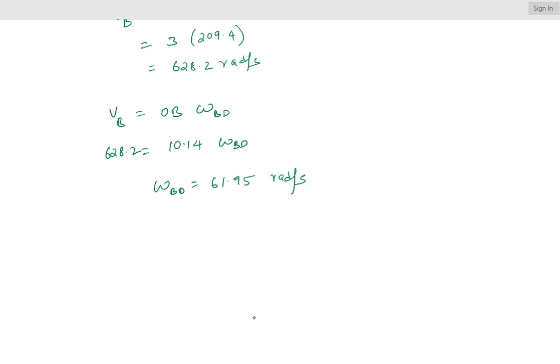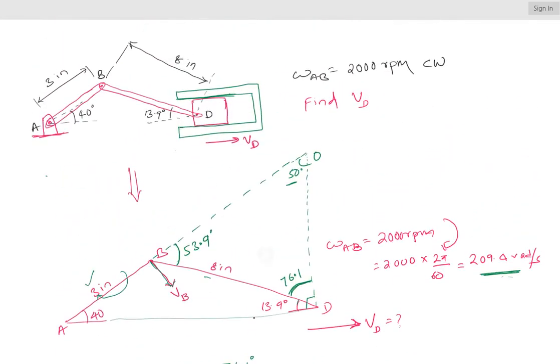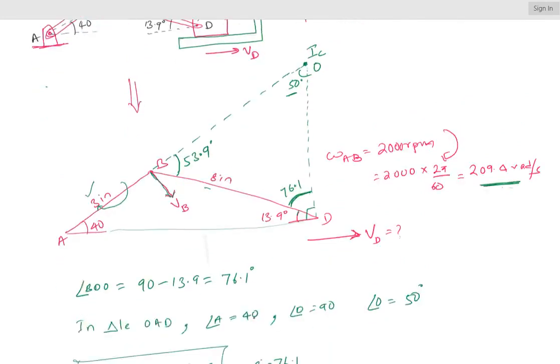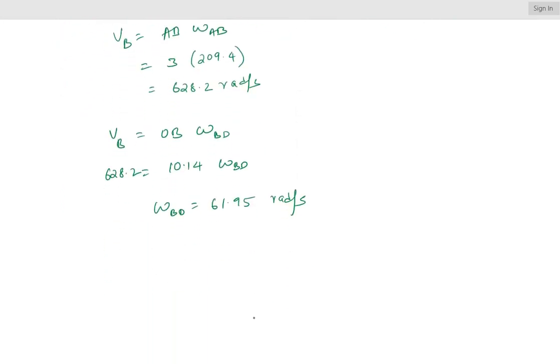Now this omega BD, because this is attached to the instantaneous center of rotation, IC, becomes the system's angular velocity.